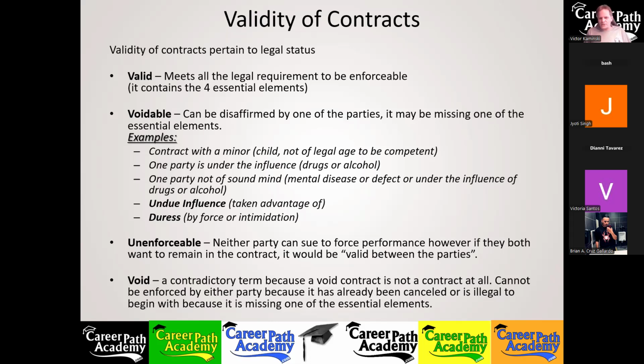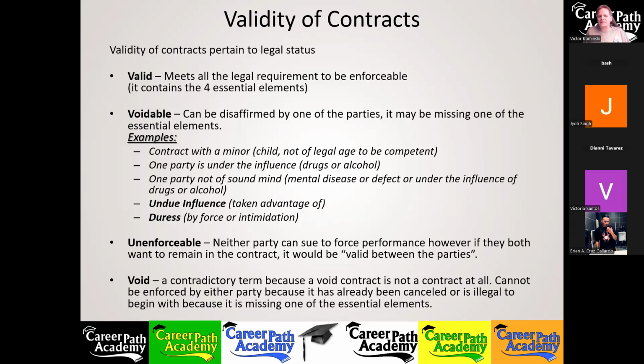Now, a void contract is kind of a contradictory term because a void contract isn't a contract at all. It's a contract that either has been deemed illegal for one reason or another, or is missing one of the essential elements. Therefore, it cannot be legally enforced in a court of law.